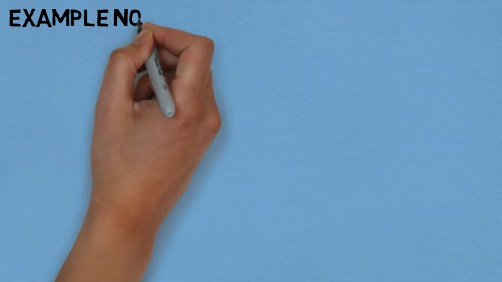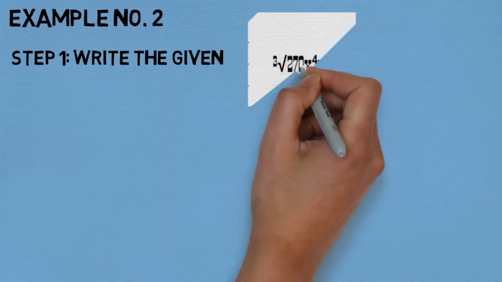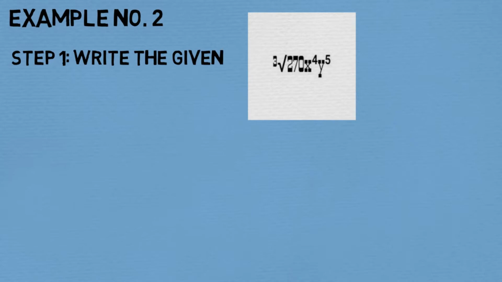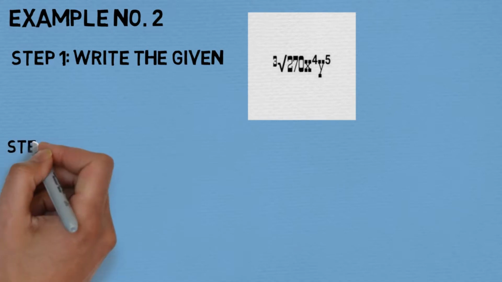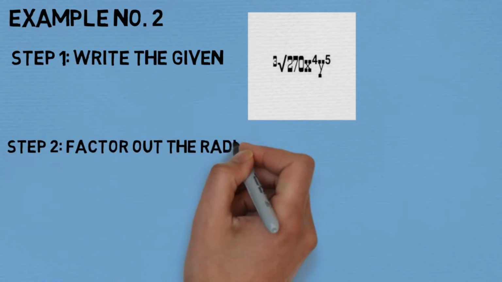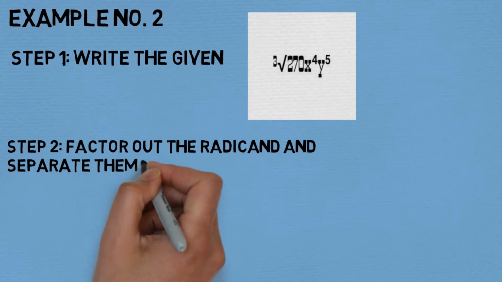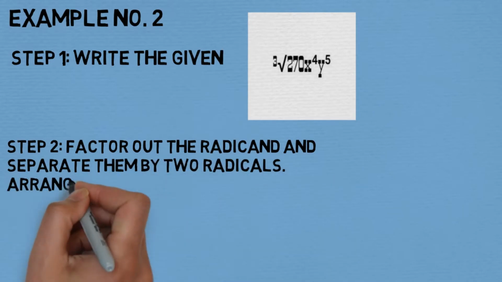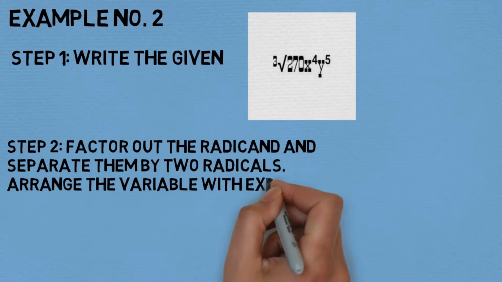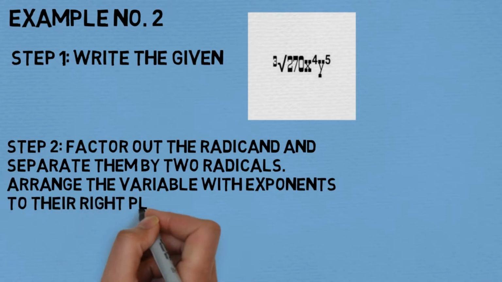Example number 2. Step 1. Write the given. Cube root of 270 x to the 4th power y to the 5th power. Step 2. Factor out the radicand and separate them by two radicals. Arrange the variable with the exponent to the right places.